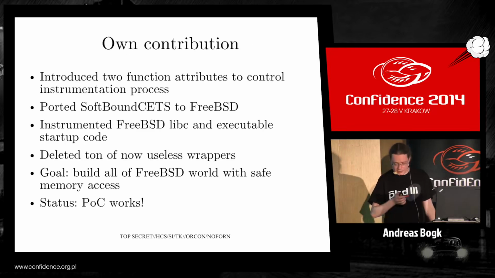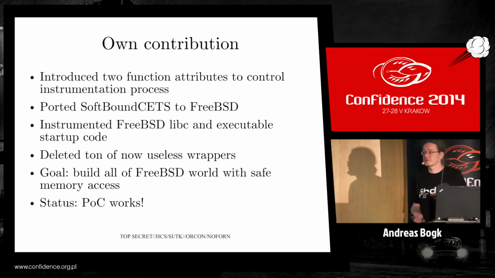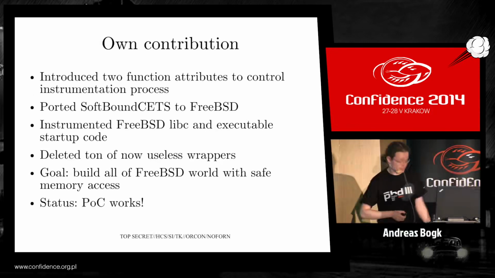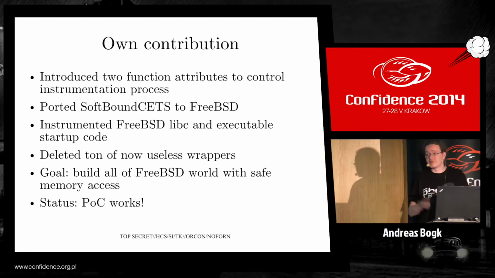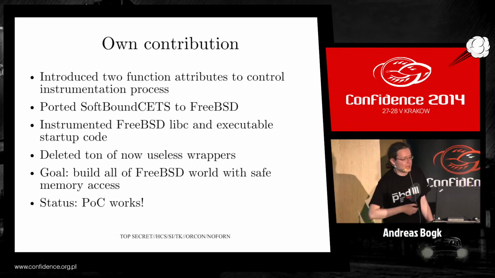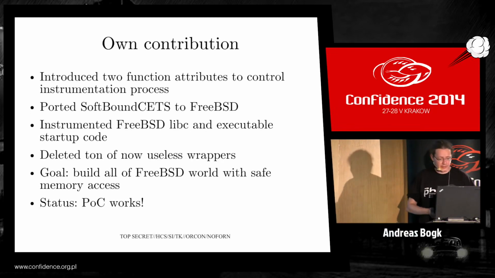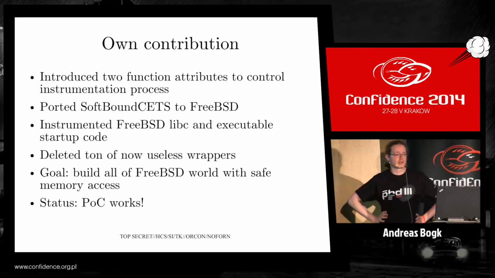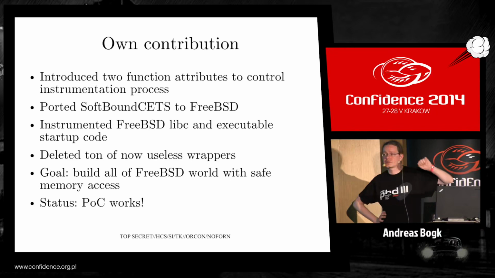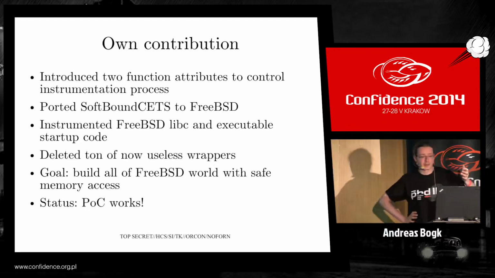So you might ask, I've been telling you about the project for quite some time now, what's my contribution to it? Other than fixing the check, right? I sat together with a friend and we streamlined the code very much. We introduced function attributes that trigger using the different calling conventions with the extra arguments that trigger introducing checks as part of processing the function body.